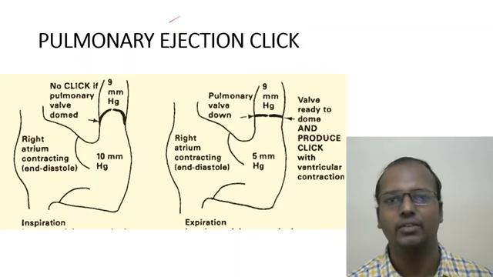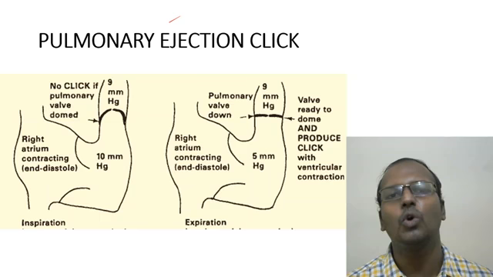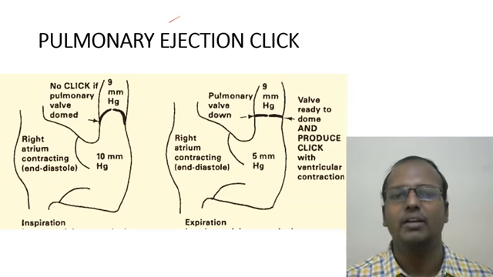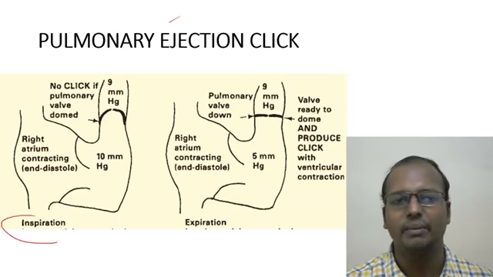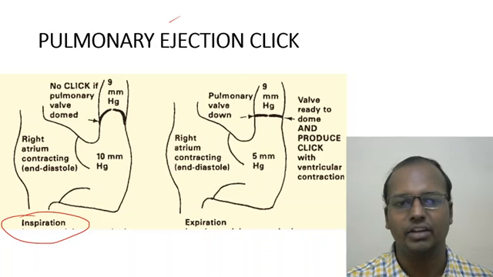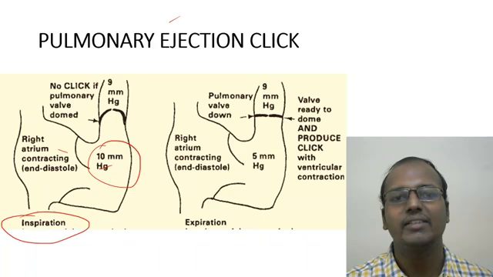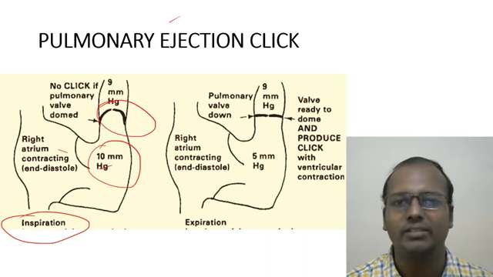Why does it soften with inspiration? Basically, for the pulmonary ejection click to occur, there should be doming followed by opening. Then only the click will be heard. Whereas during inspiration, a lot of blood will be there in the right atrium and right ventricle, so increased pressure. The valve is already in doming position, so the opening will not produce much sound.